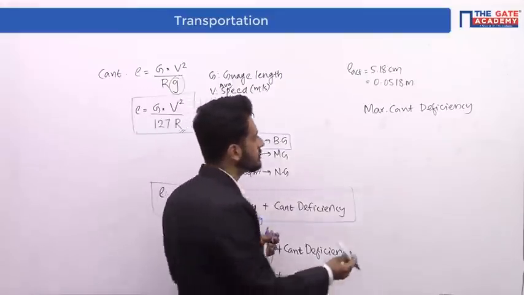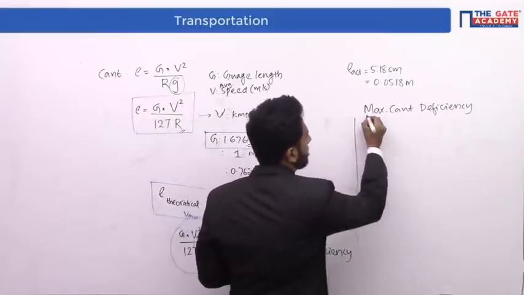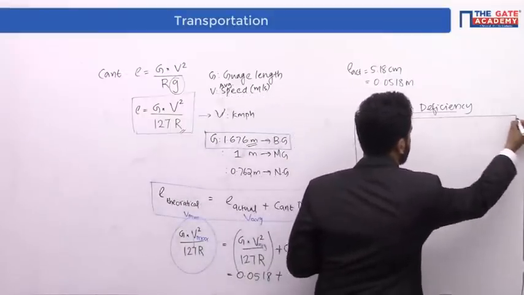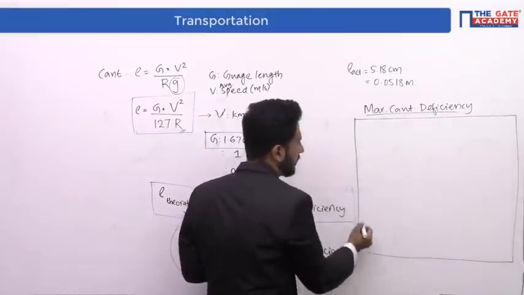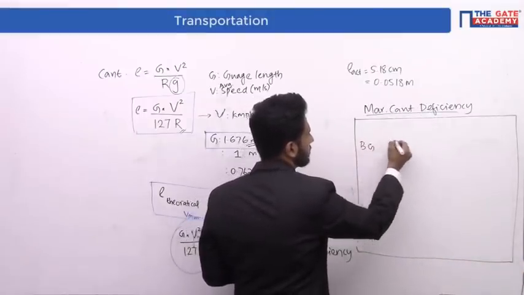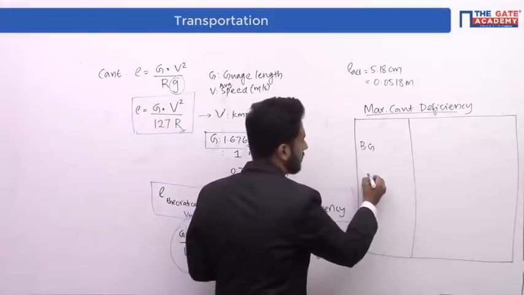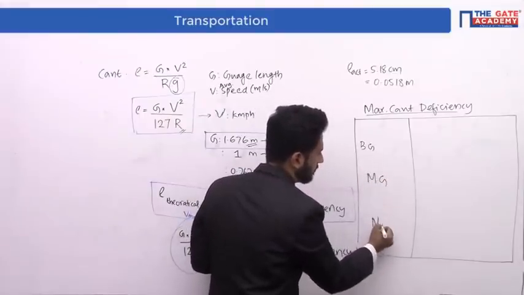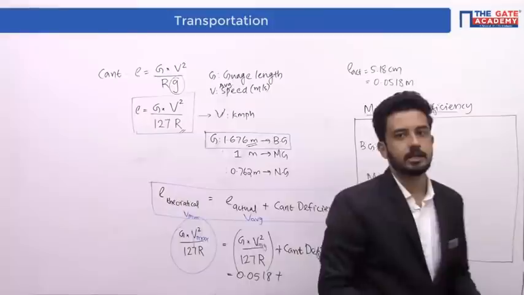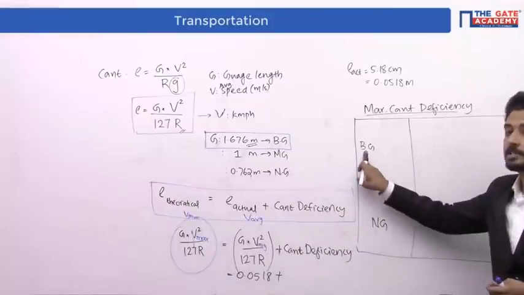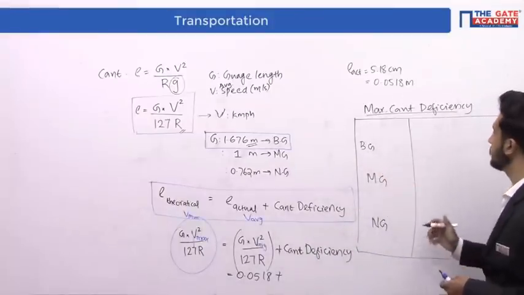Okay? So there is a table for maximum cant deficiency. For broad gauge we have some value, and for meter gauge and narrow gauge also. At least you should learn by heart the value for broad gauge. Fine.